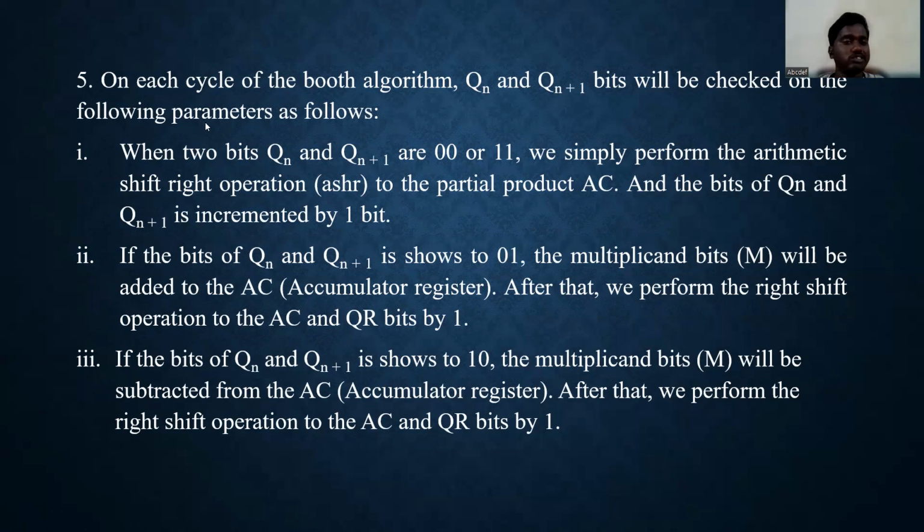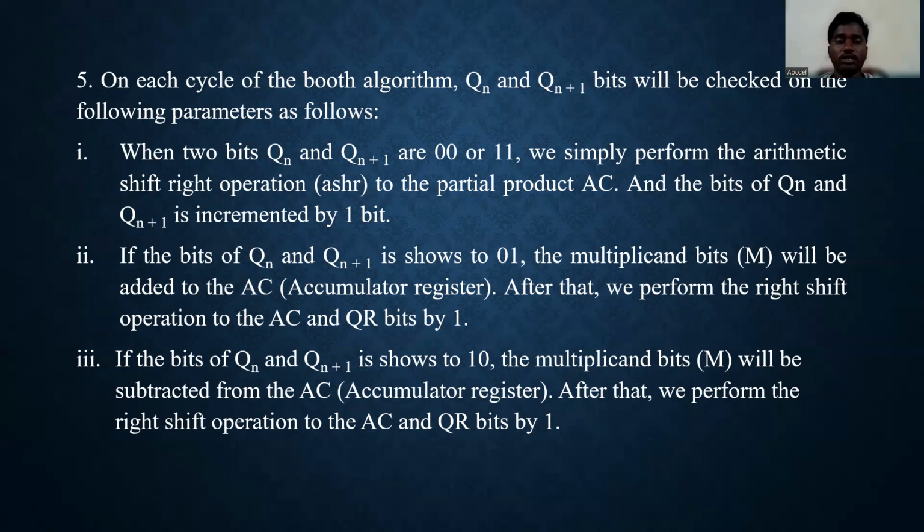On each cycle of the Booth algorithm, Qn and Qn+1 will be checked on the following parameters. When bits Qn and Qn+1 are 0, 0 or 1, 1, we simply perform arithmetic shift right operation to the partial product AC.